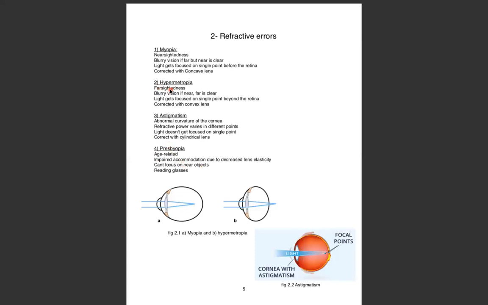While in hypermetropia, the shape of the eye is wrong from the start. They cannot see what's near, and it happens even in young people. So this is super important. What happens to old people is presbyopia, where the lens is just less elastic, not that the eye shape is wrong in the first place. Any questions so far?